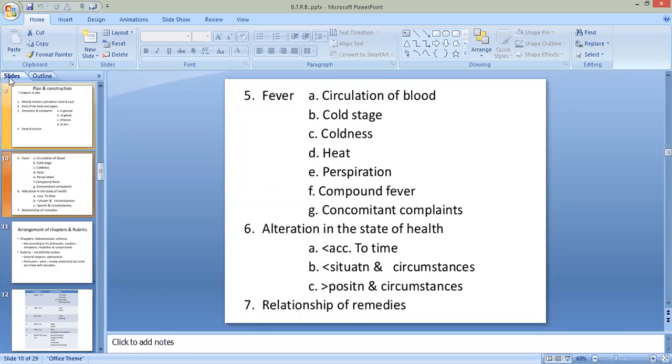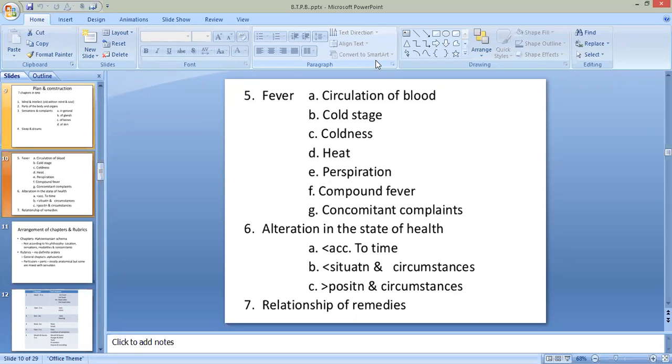The first subsection is circulation of blood. Under that it includes conditions such as anemia, congestion, etc. Then the second subchapter is cold stage.